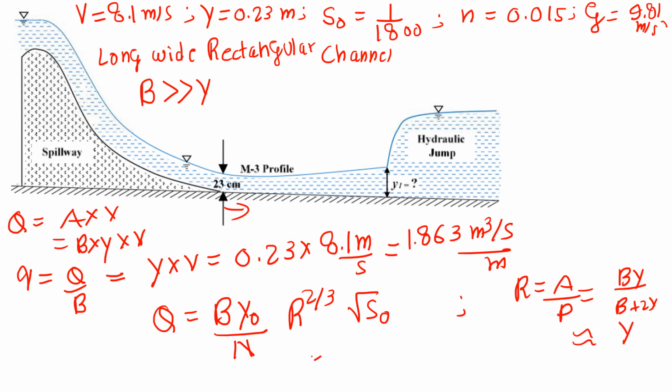So in terms of unit discharge, q equals Y0 by n, Y0 to the power 2 by 3, under root S0.